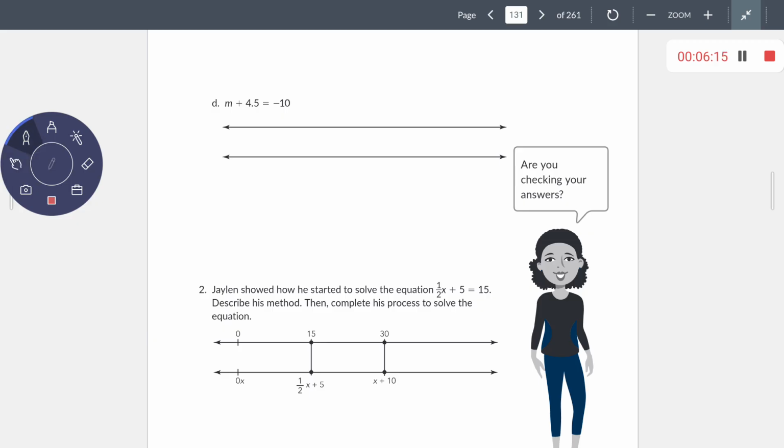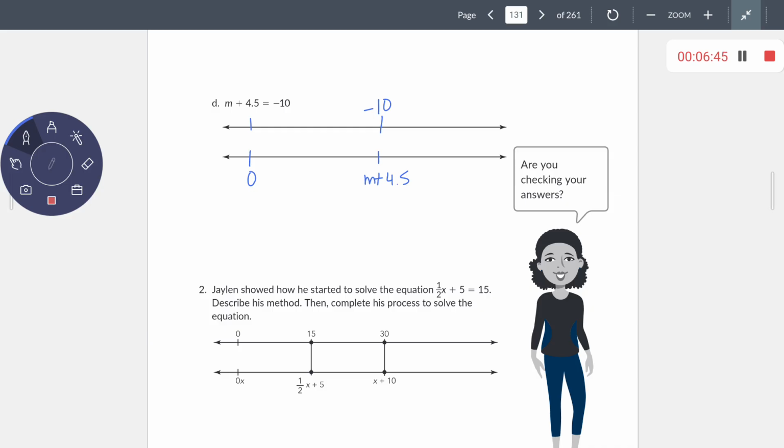Okay, so on here, again, say m plus 4.5. I messed that up. Try again. I'm going to put 0, sorry, and then over here, I'm going to put m plus 4.5 is equal to negative 10.